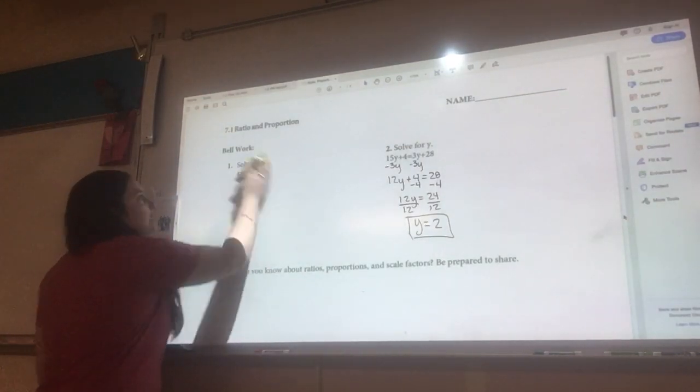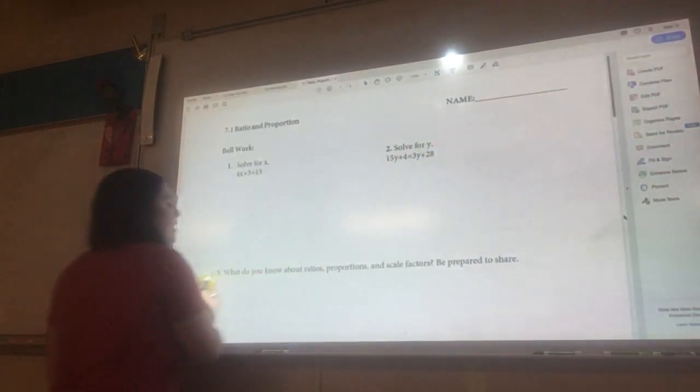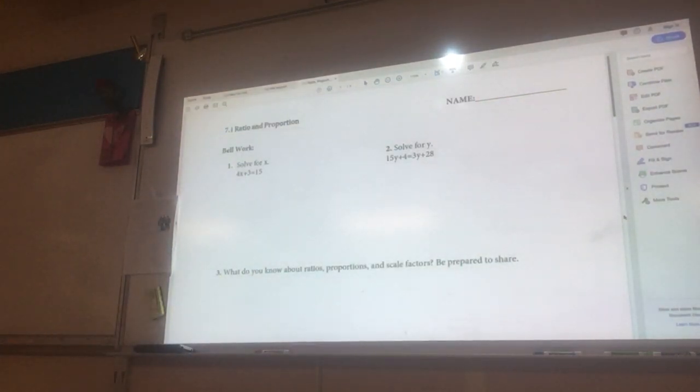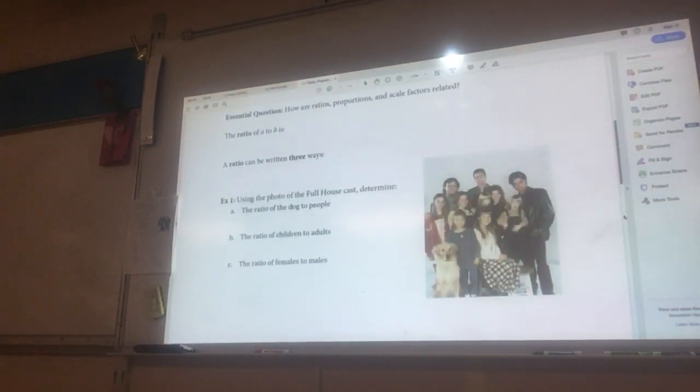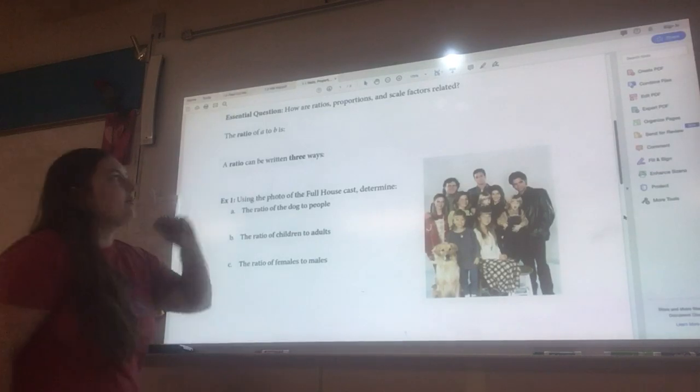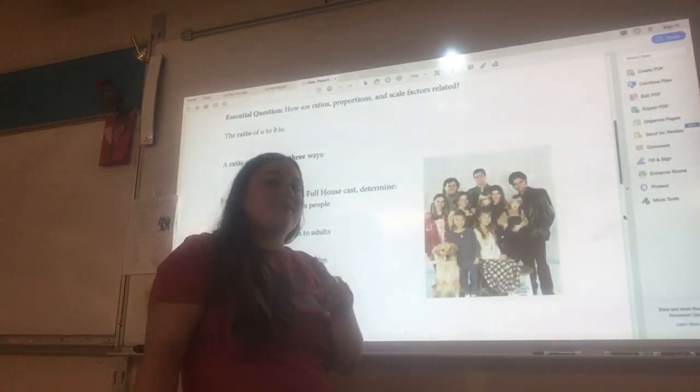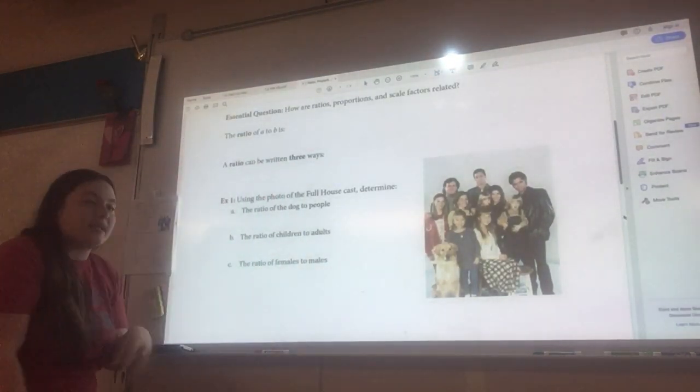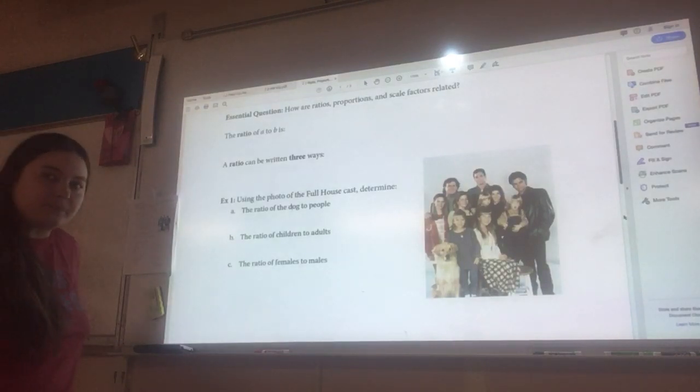So getting into ratios and proportions, we first need to understand how ratios, proportions, and scale factors are related. So we need to figure out the relation.